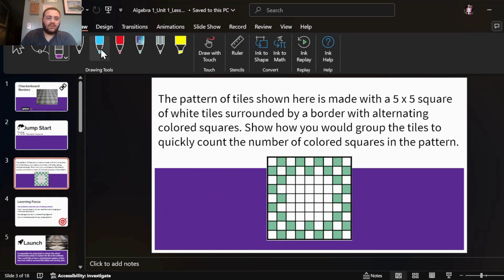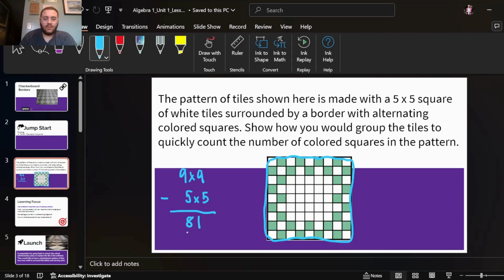Another pattern you might see as a teacher or as a student is you can take the area of the entire square. That's 1, 2, 3, 4, 5, 6, 7, 8, 9, a 9 by 9 square. Take away the 5 by 5 square on the inside.